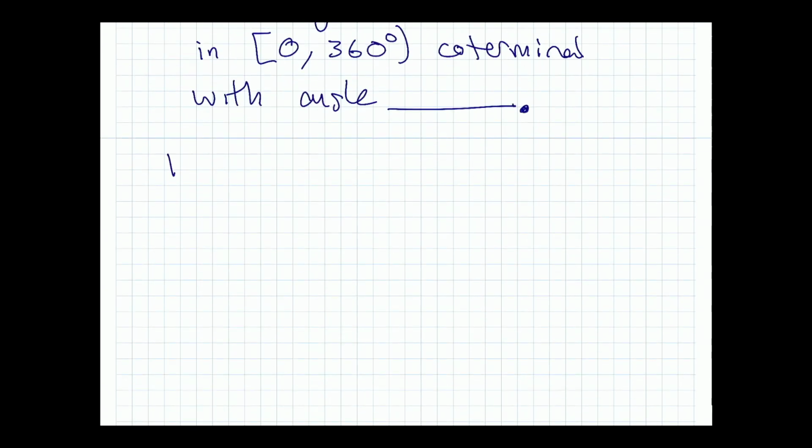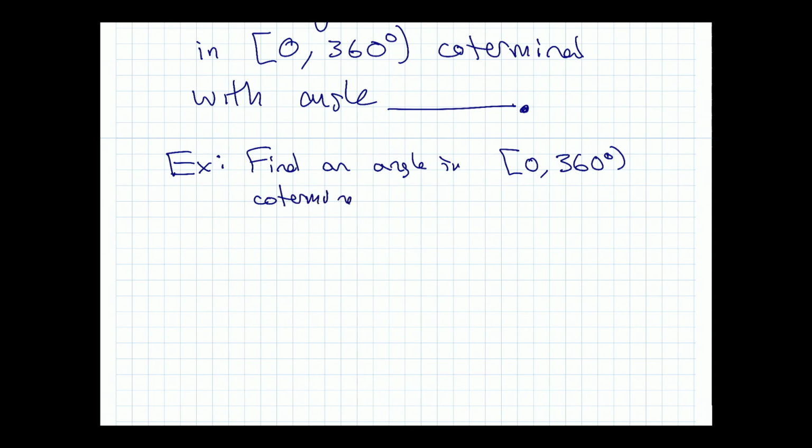So here's an example. Find an angle in 0 to 360 degrees coterminal with, could be anything, I'm just going to say 800 degrees. Okay? And here's what you do.